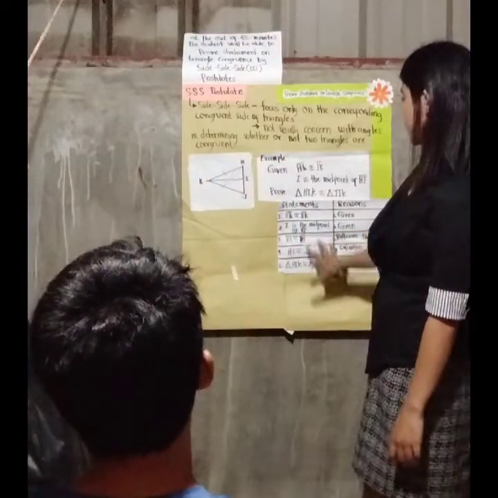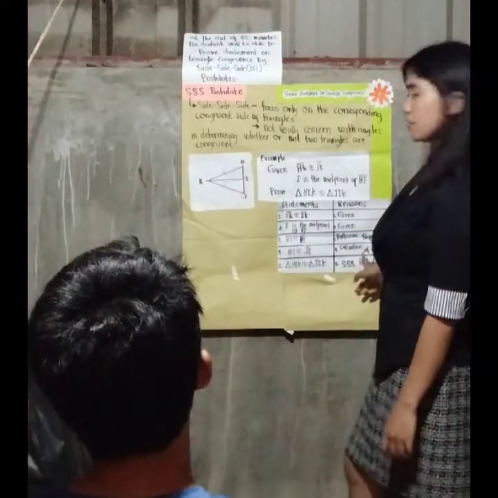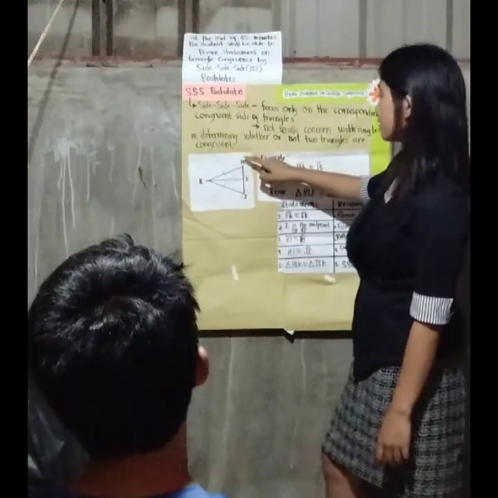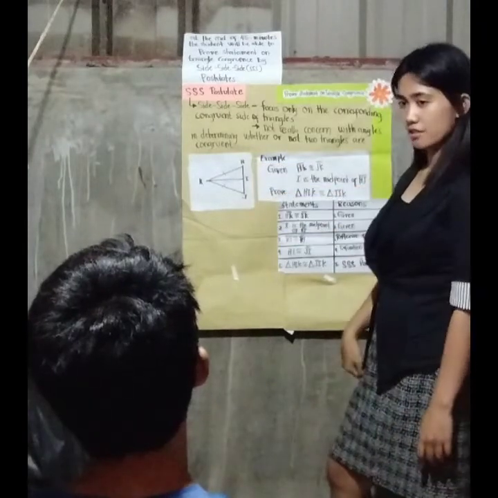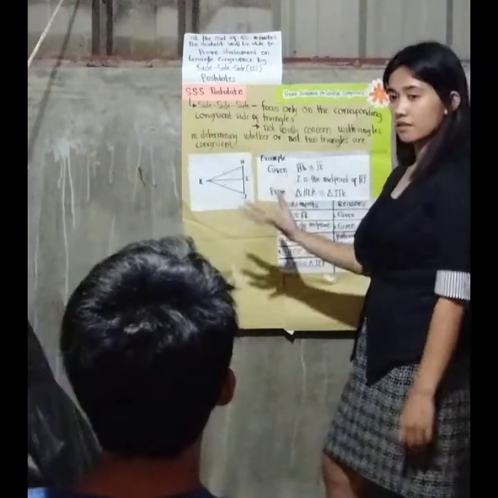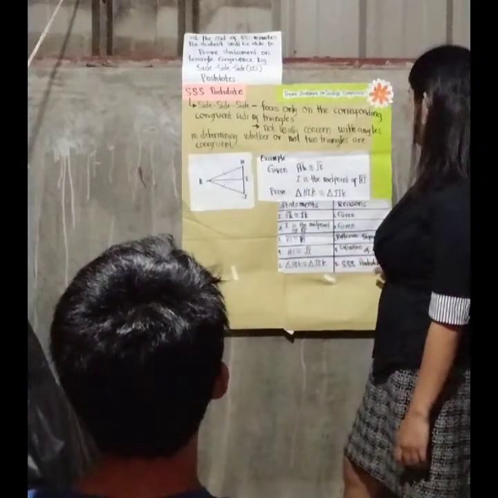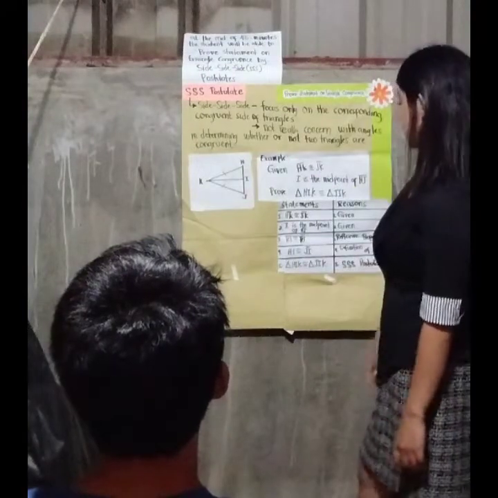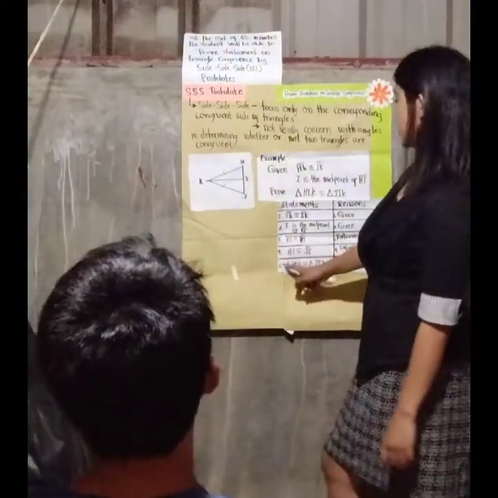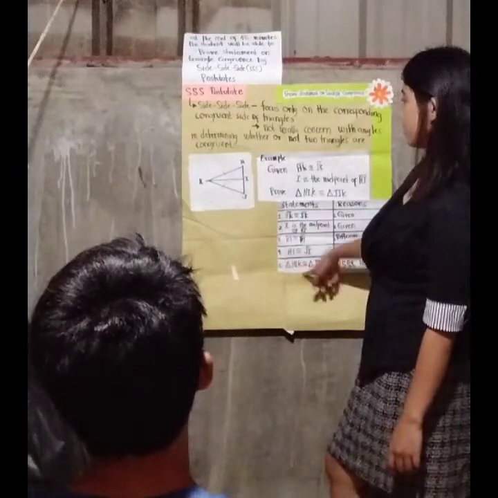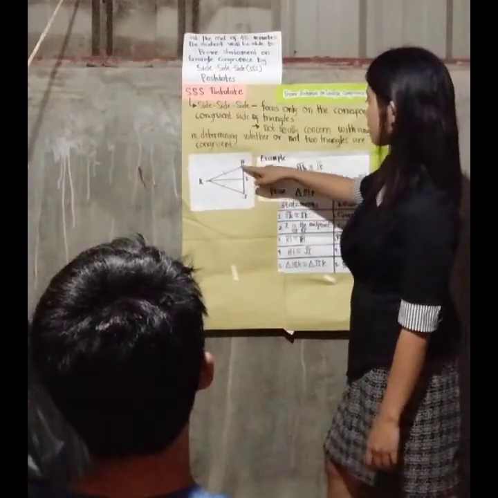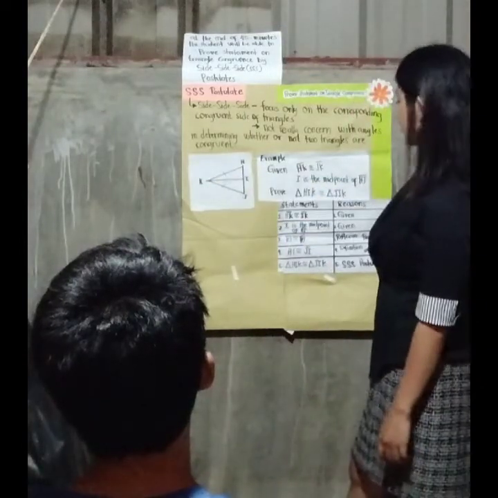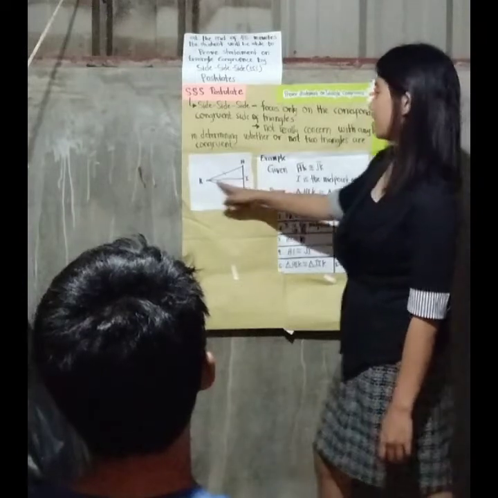Line HI is congruent to line JI. So, the reason is the definition of midpoint because I is the midpoint of H and J. Next, triangle HIK is congruent to triangle JIK.